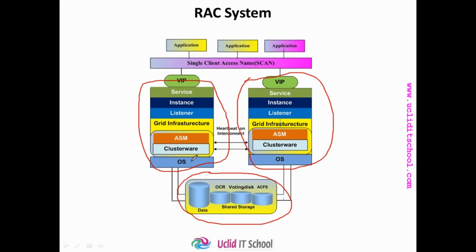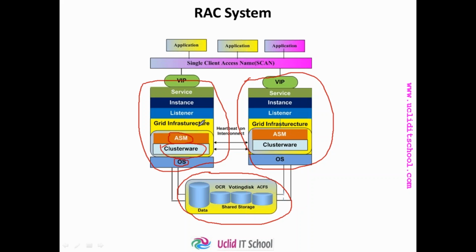So what is installed on local storage? The operating system. When you say server, on every server we install operating system binaries. Then Oracle Clusterware binaries, Oracle Clusterware is installed. If you are using ASM, ASM binaries are installed. Now together they are called Grid Infrastructure.